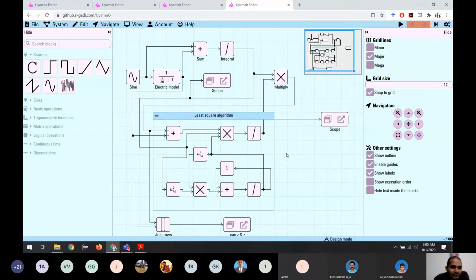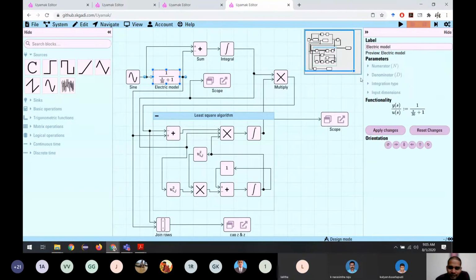But MATLAB has one functionality, where some of the inputs you can give as time varying. So instead of having, for example, here we have numerator, denominator. These two in MATLAB, there is an option where you can have them as a port. Instead of giving fixed values, you can have a port.